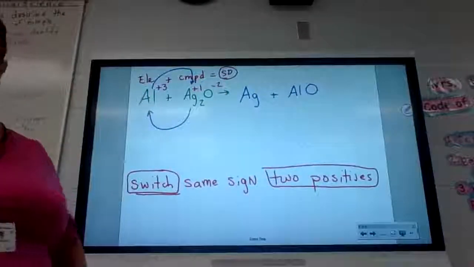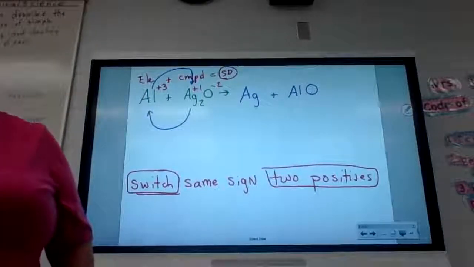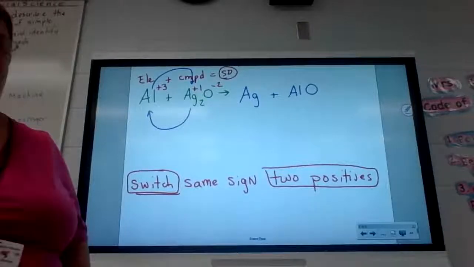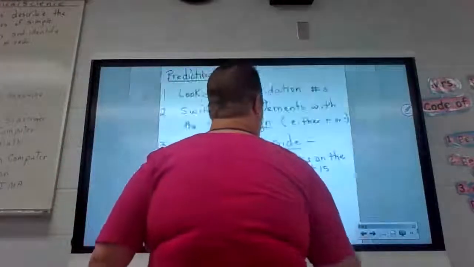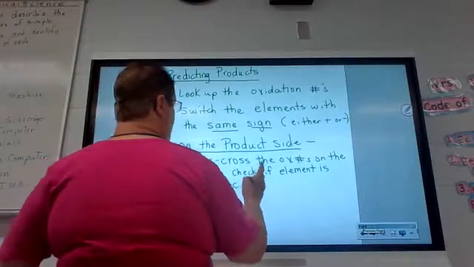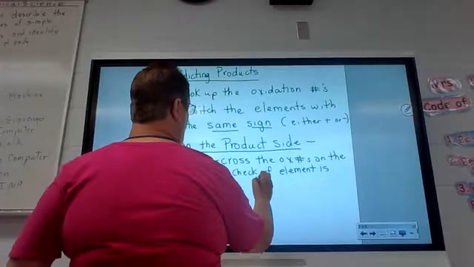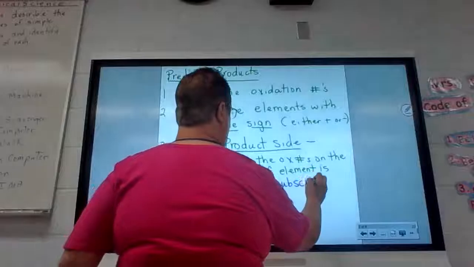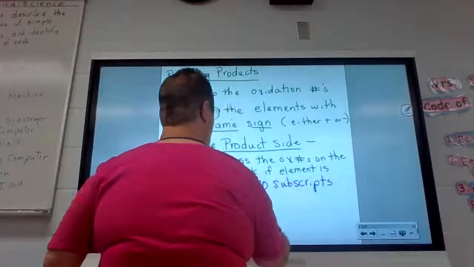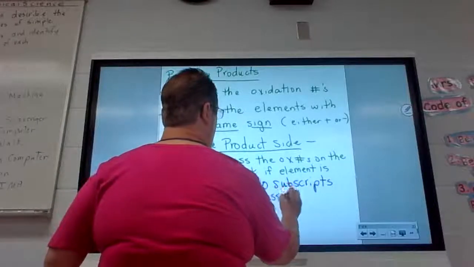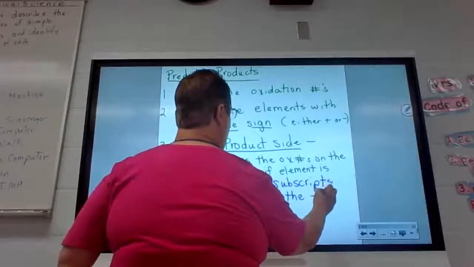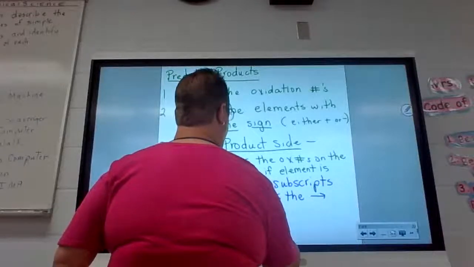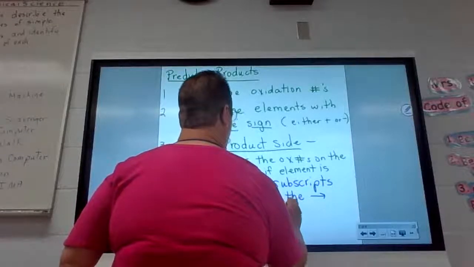Now, what happened to the numbers? If you need to, go back over here with your steps and put in here, no subscripts cross the arrow, except, can anybody tell me what numbers can come across the arrow?